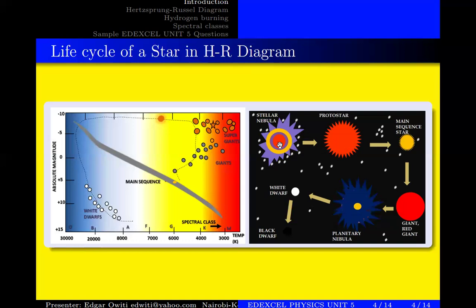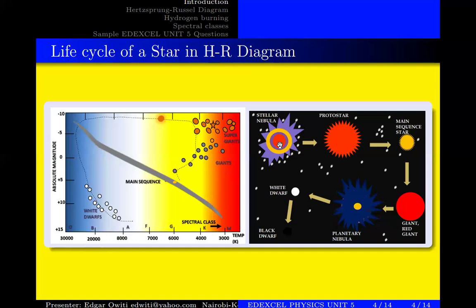When the pull increases even more, you have these hydrogen atoms approaching the center of the core at a very high speed, and that continues for many years until the temperature at the center becomes very high and nuclear reaction begins to take place, and the temperature of the star increases.